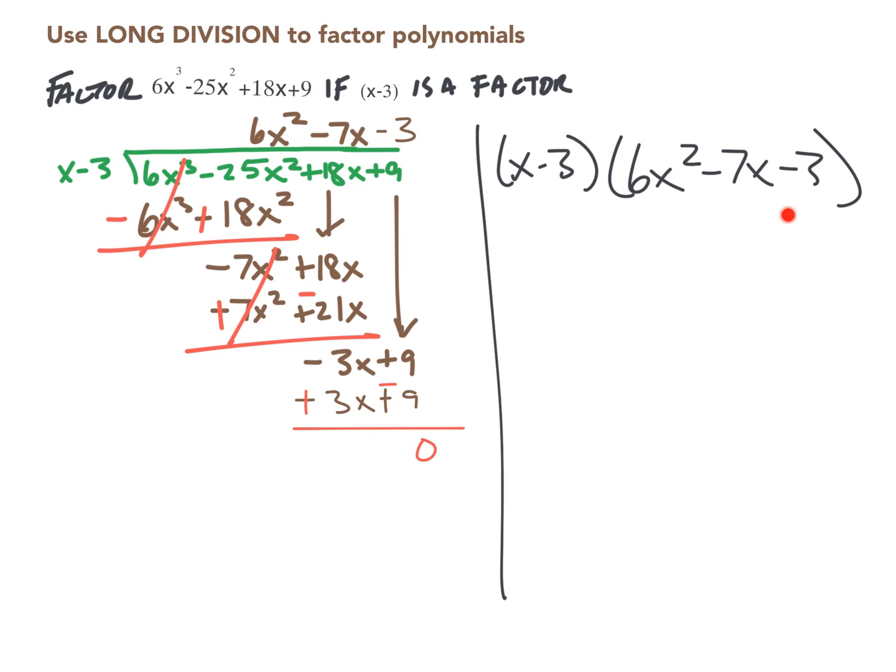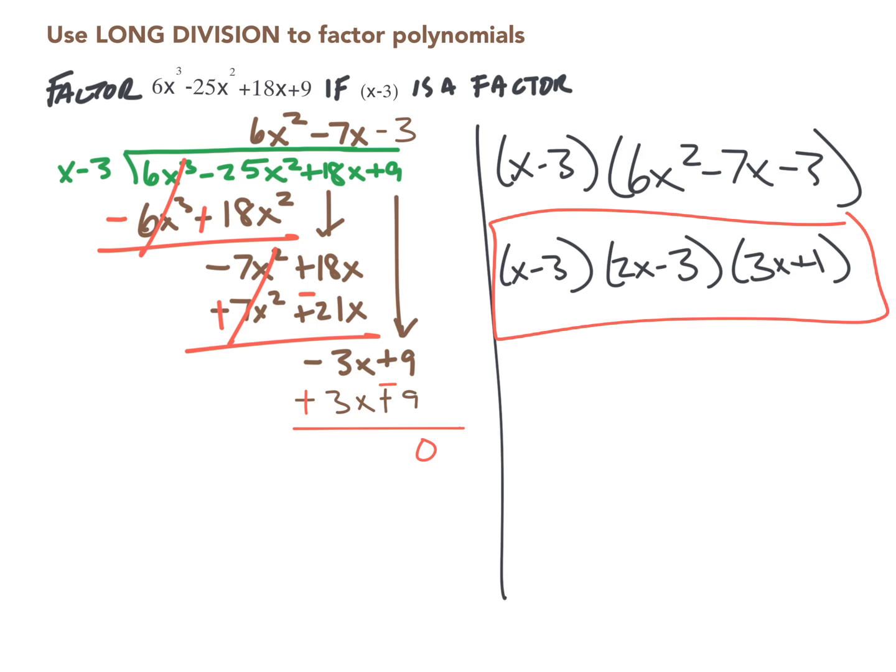And now I can continue factoring this because this part's factorable. So we'll keep the x minus 3, and then 6x squared minus 7x minus 3 factors down to 2x minus 3 times 3x plus 1. So now I've completely factored this polynomial using long division. And they're all my factors.